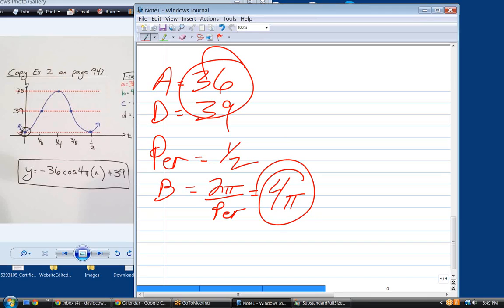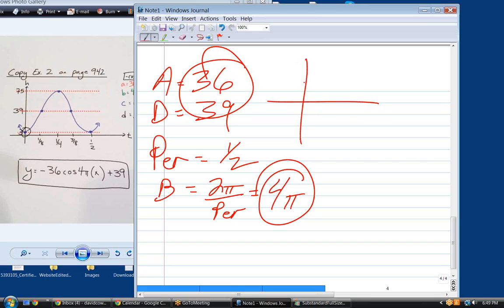Now, to figure out whether we got a C or not, is this thing horizontally shifted? Well, it might look like it is, but in reality it's not. What it is, is reflected over the line of symmetry. It's the cosine curve reflected over the line of symmetry.